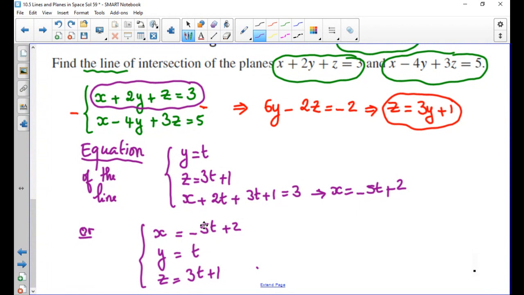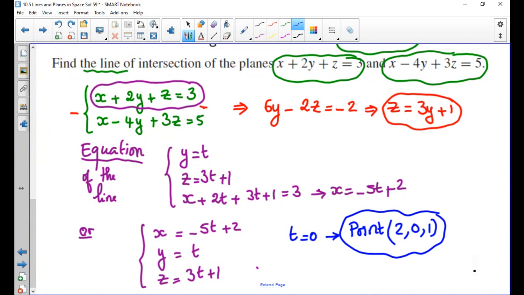That's what parametric equations really are. So for example, if I take t equal to 0, I get the point 2, 0, 1.